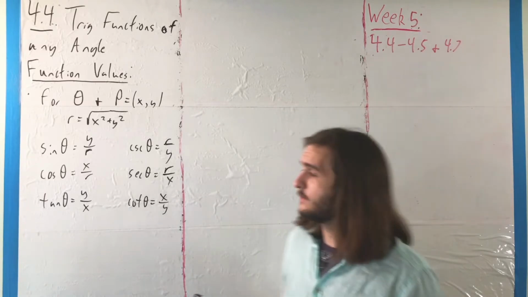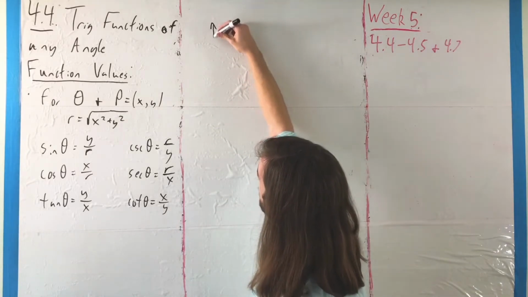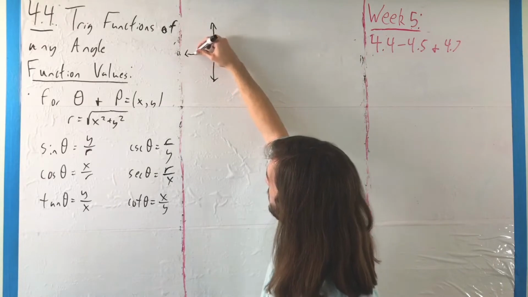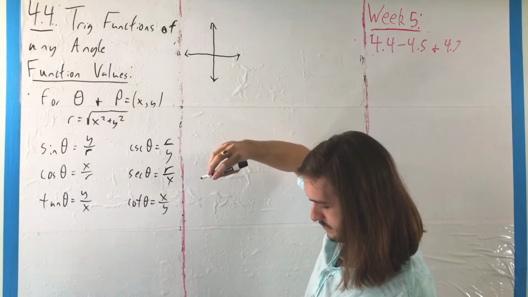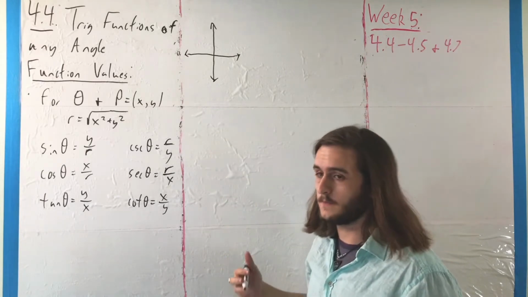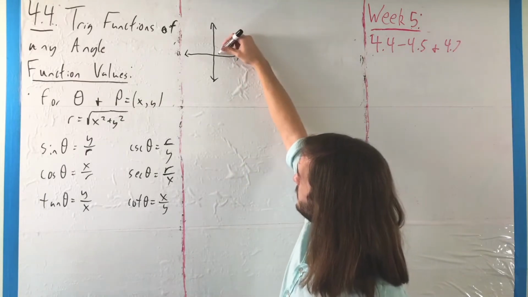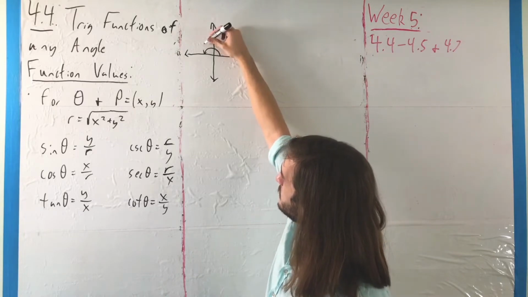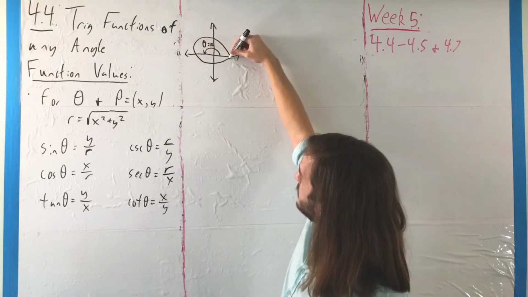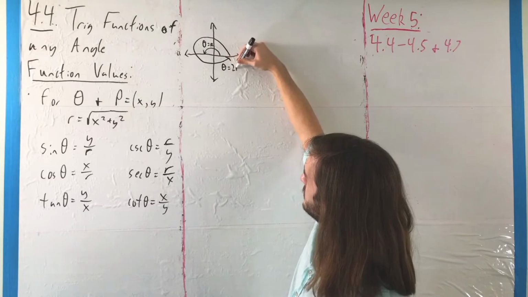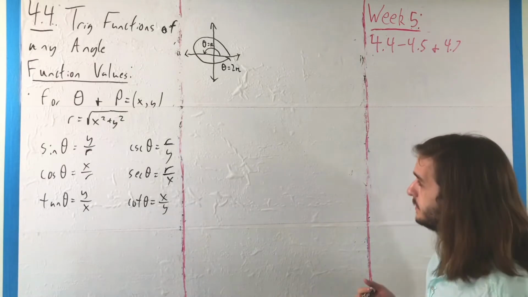So if, for example, we're looking at what happens for an angle that happens at a multiple of pi, that is an angle landing along the x-axis, something like theta equals pi, or theta equals 2 pi or 3 pi or 4 pi, however many multiples of pi we want to look at.